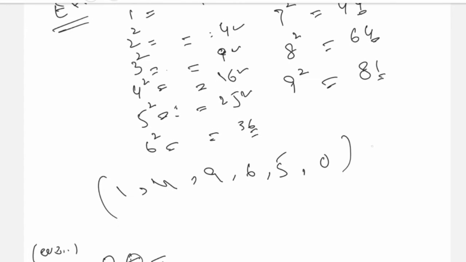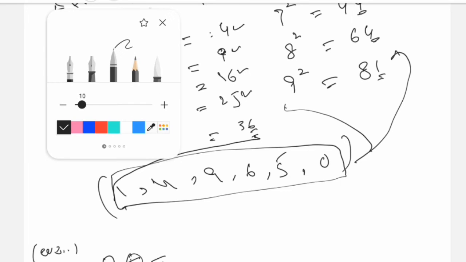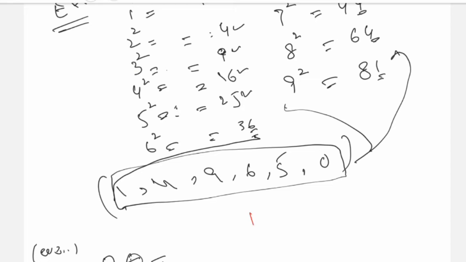Now when we see that all those square values have last digits among these, that means these digits are repeated over there. So when we have a last digit like this, that means our number may be a perfect square.